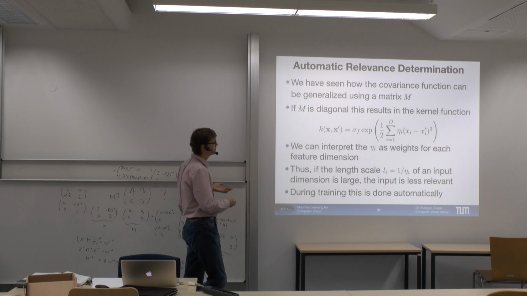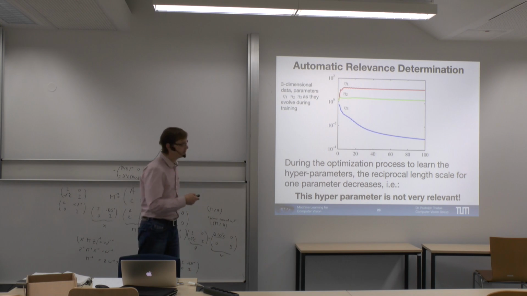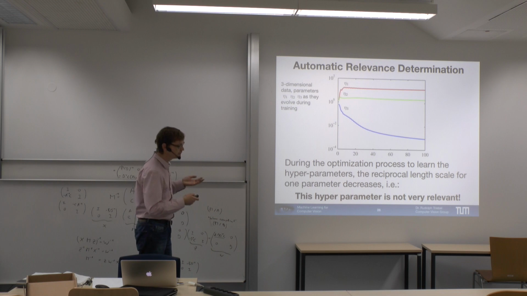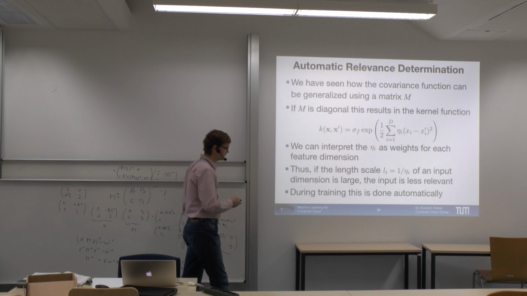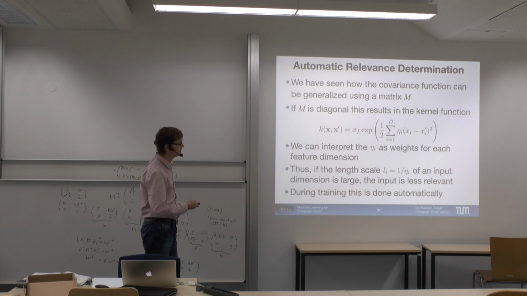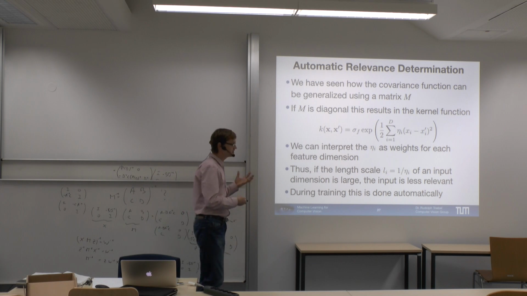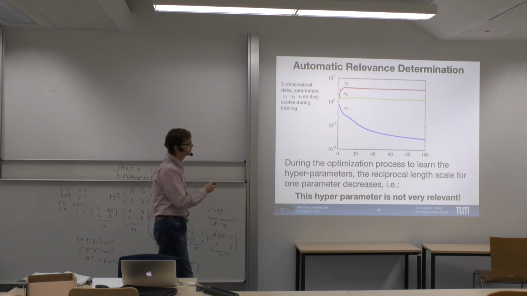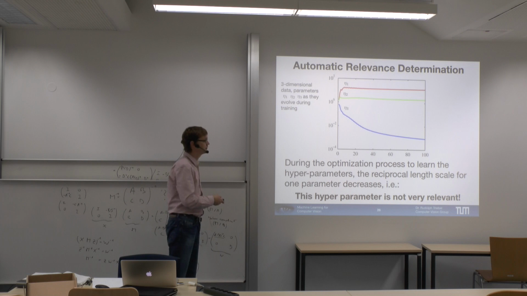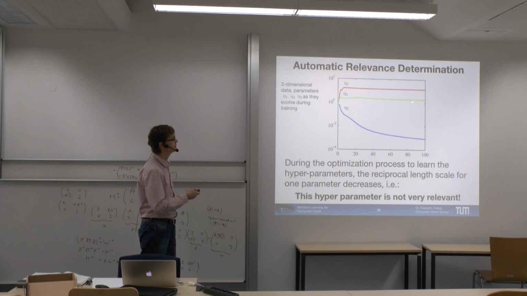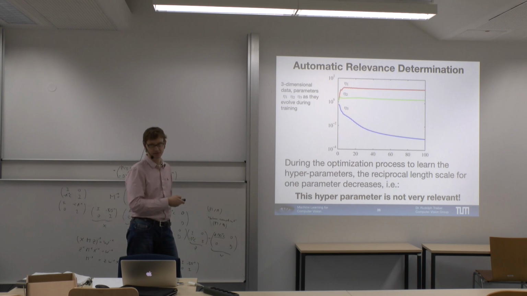But by doing that, we can find relevant feature dimensions. This is an example where we have three feature dimensions, and we try to fit 3 parameters in here. The given feature dimensions are 3, but one feature dimension is not relevant at all. This is some kind of iterative process. I'm not going into the details here, but if we do that optimization technique, then we can sometimes find out that some feature dimensions are more relevant than others.